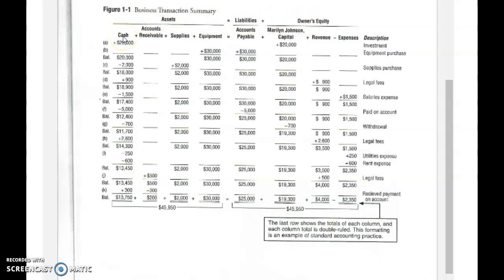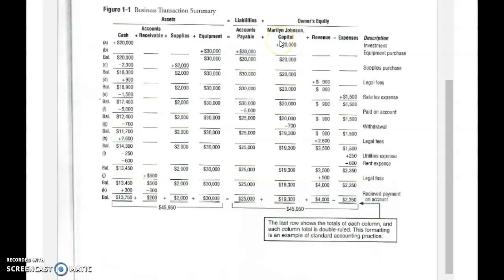In this instance, we've broken down the assets into cash, accounts receivable, supplies, and equipment. Okay, those are all assets. Equals your liabilities, which your only liability in this instance is accounts payable, plus owner's equity.